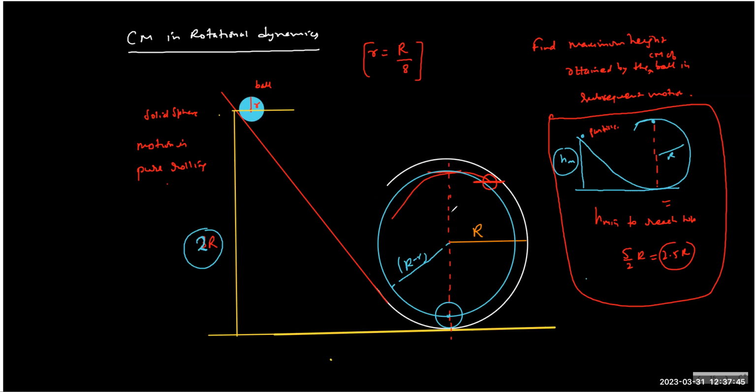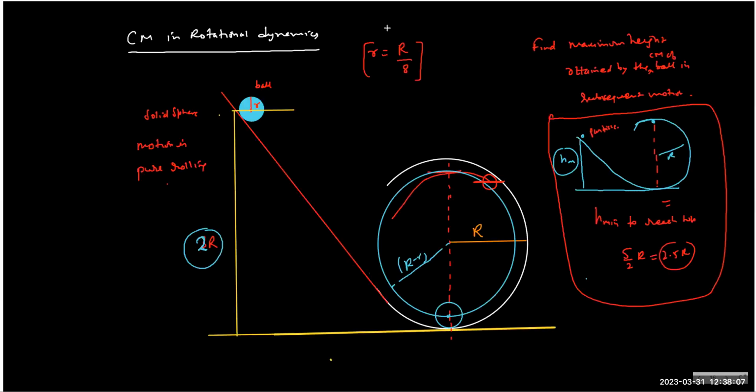I mean, the radius will be close to the radius of the track, but it will do pure rolling. So that difficult question will not come. So I'll make it a JEE level question. Just a minute. I'll make it one right up. Or what we can do is in the previous problem, I can make a small change.